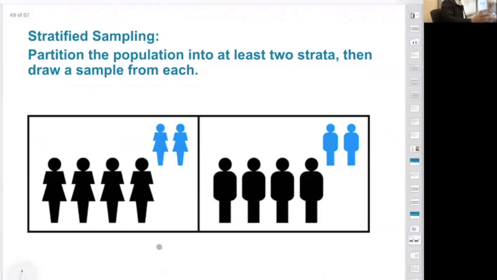Like here, suppose the population we have consists of males and females, and they are equal: 50% are female, 50% are male. So you will take a simple random sample from each group. Here you have 2 females and 2 males, as you can see.